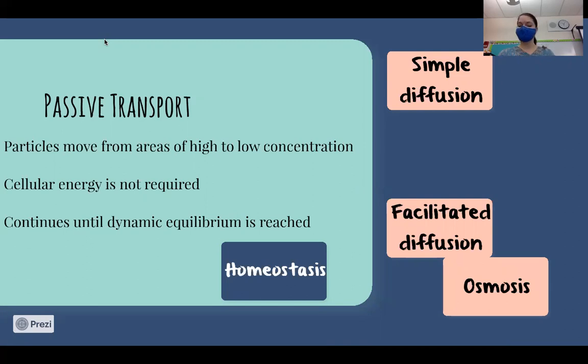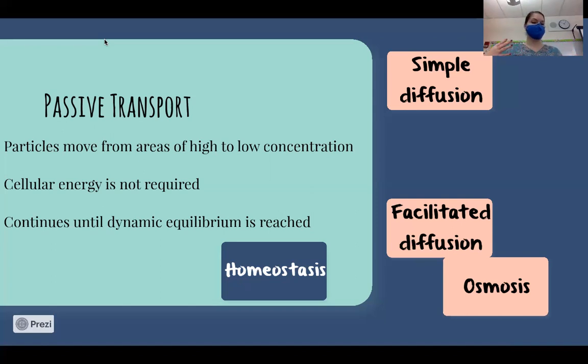Miss Unger, yes, indeed. During dynamic equilibrium, you said there's no net movement. So do the particles just stop, or are they? No, the particles absolutely continue to go through, but they basically equal out because they're going just as much in one direction as they are in the other direction.